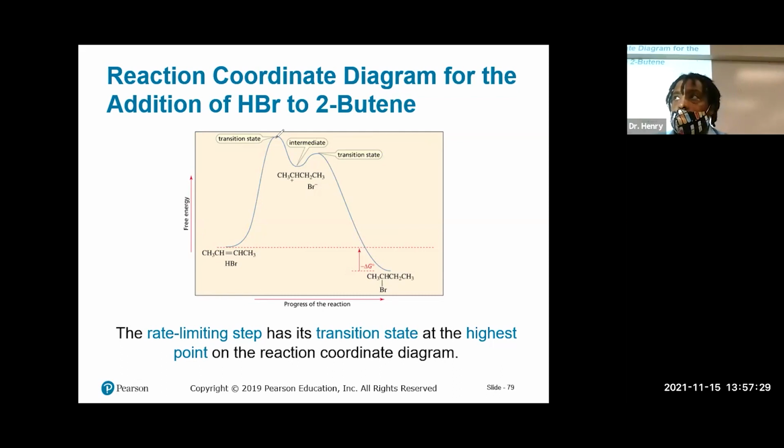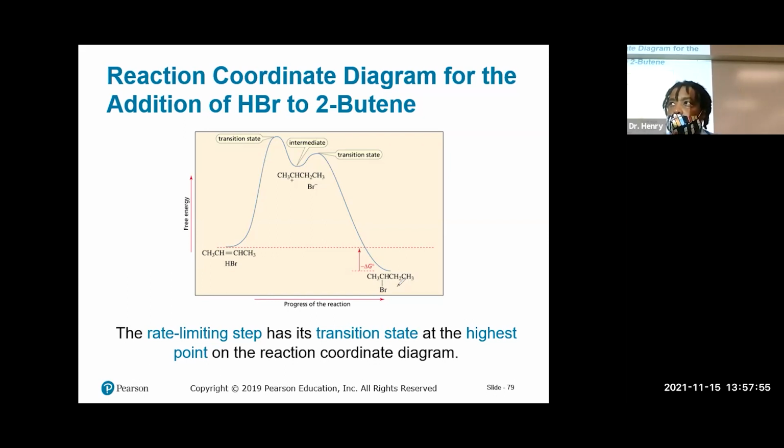Our first transitional state. This here would be our intermediate. This is what our intermediate is. And then this would be our final product. Okay. And you see the two humps. So when you see a reaction that has multiple humps, that suggests that it is a multi-step reaction. Okay.